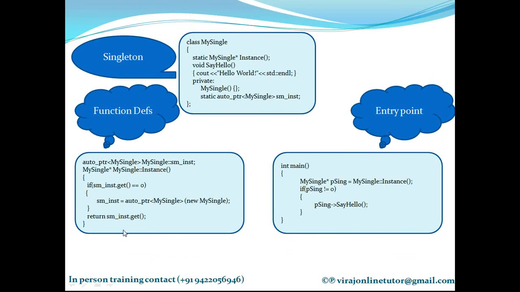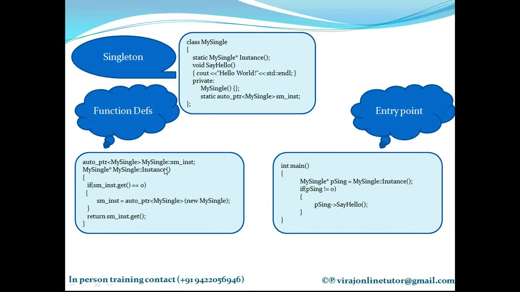Then let's go through the function definitions. I have this variable here, and let's see what logic my instance function has. I am checking whether this variable already has an object in it. If it doesn't have an object, which will happen only for the very first time, then create a new mySingle object, save it in that variable and return that object.